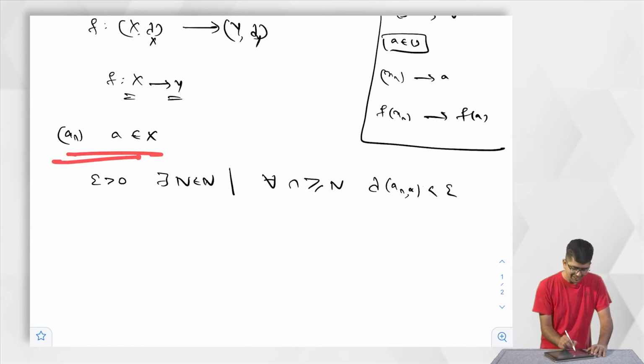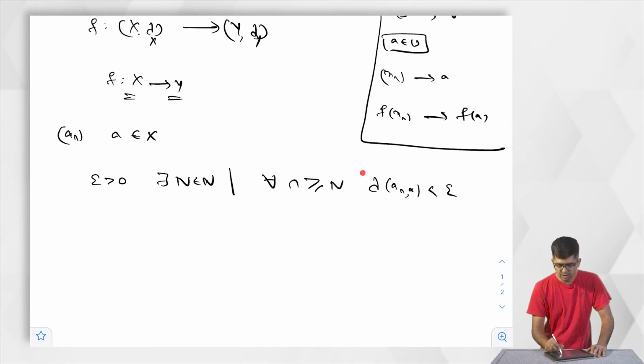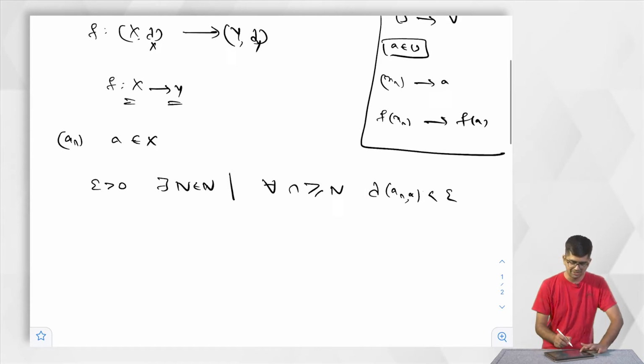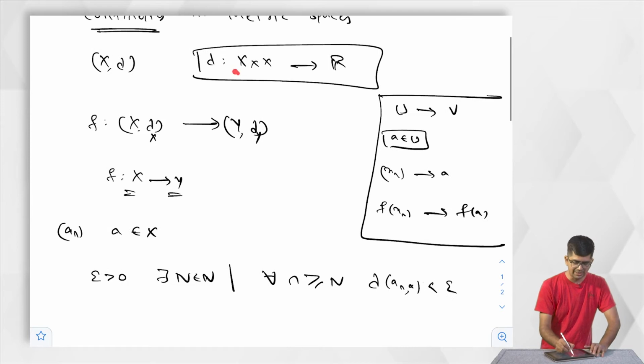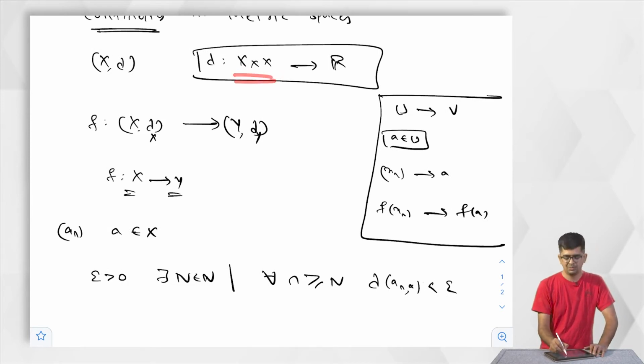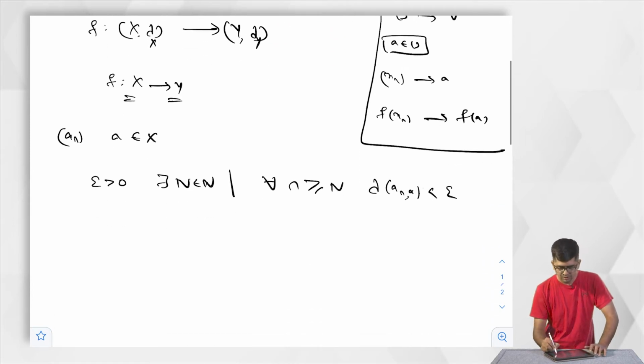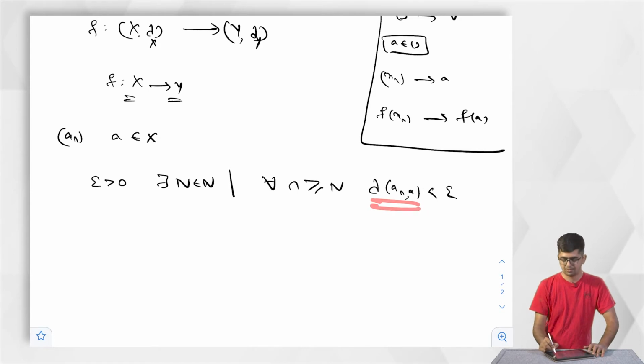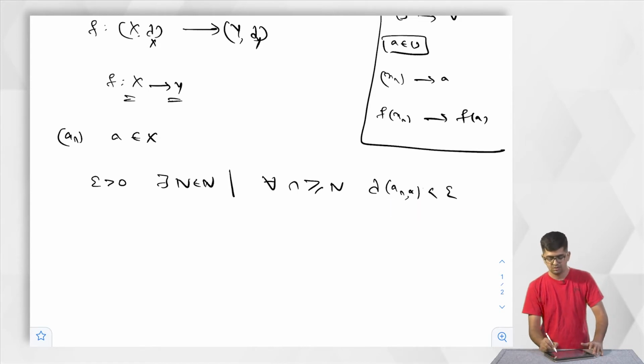The same idea; we are only replacing the modulus of a_n minus a by d(a_n, a). Even though a_n and a are elements of X, d of them is an element of R. Epsilon is an element of R, so one can talk about whether this element is less than epsilon or not. Both are elements of R, so one can talk about this relation.